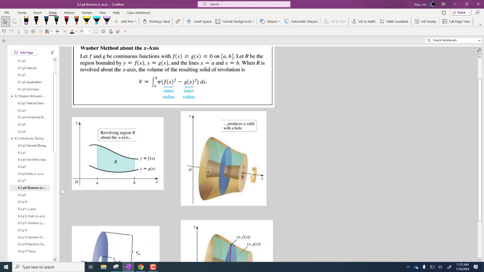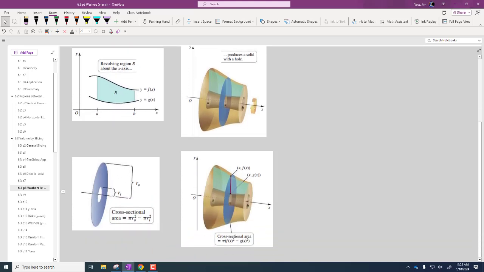So if we take a look at a region that's not touching the axis of rotation, when we do our rotation, that's going to rotate around, and all of our cross sections are going to be washers. If there's this gap in here, it's going to correspond to a hole.